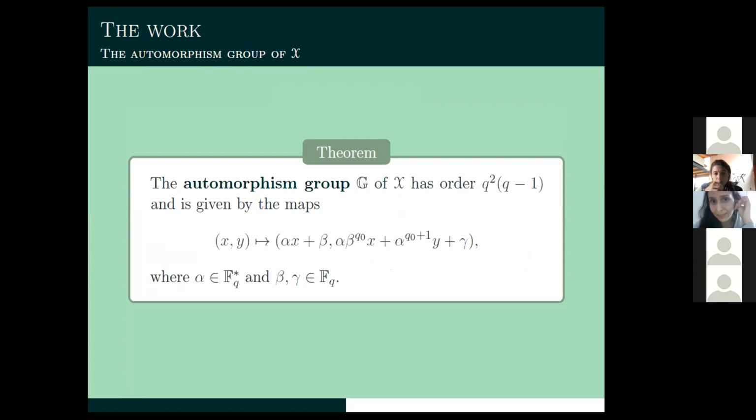And finally, we end with the full description of the automorphism group of the curve X, which is here the generalized Suzuki curve. And so we have that it has order q squared times q minus 1, and it's given by these maps here.